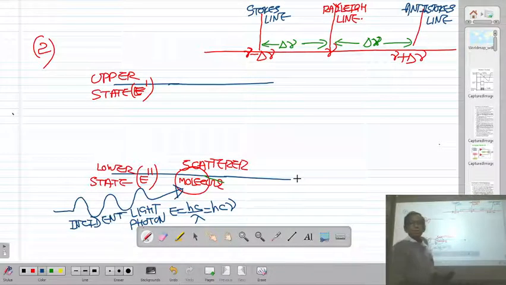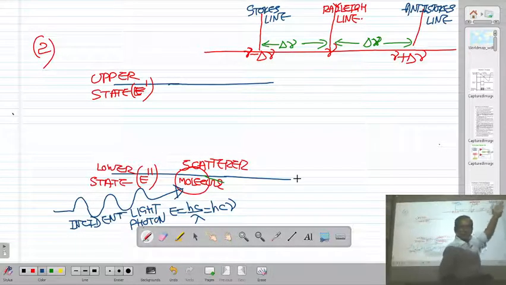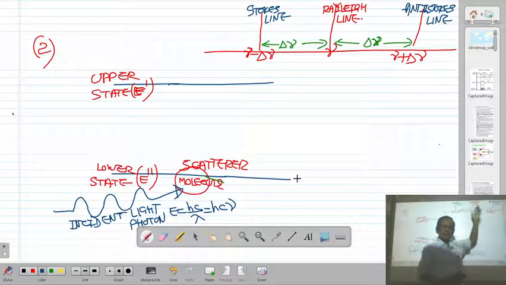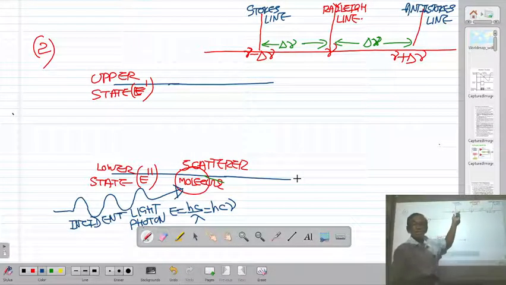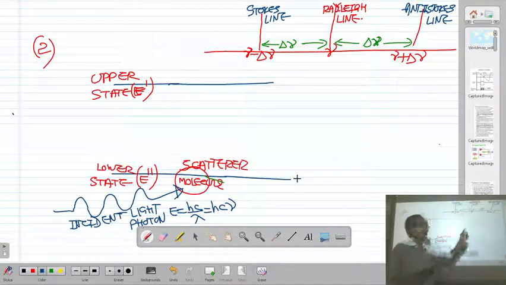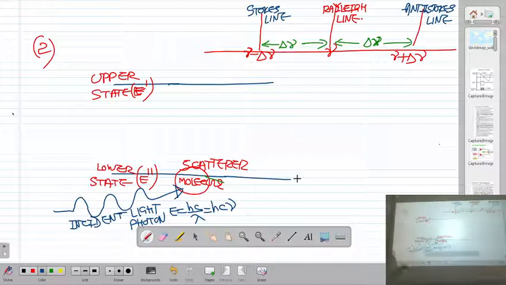Okay, you know very well the Stokes line having less frequency or less wave number, okay, and anti-Stokes lines having higher frequency or higher wave number. Okay, so we'll give the explanation of Stokes. That why we get Stokes line having less frequency or less wave number than the wave number or frequency of Rayleigh line.